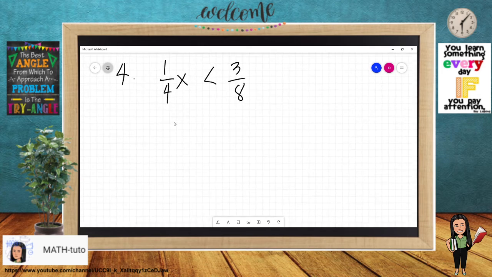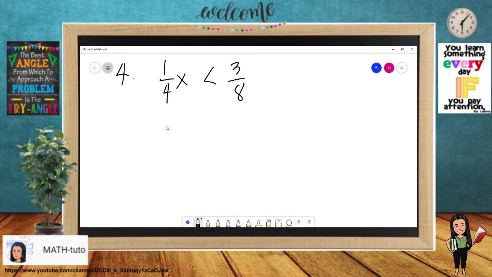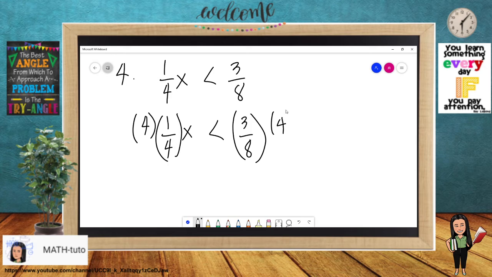So we have 1/4 x, I'll rewrite, less than 3 over 8. Since the number is positive, the sense of inequality will not change. We will multiply both sides of our inequality by 4. This will become x less than 3 over 2. And that is our answer.